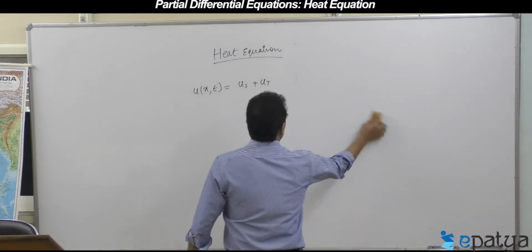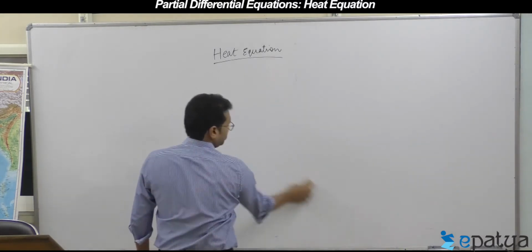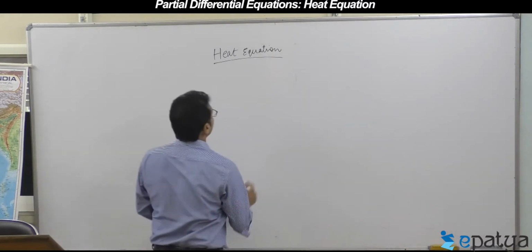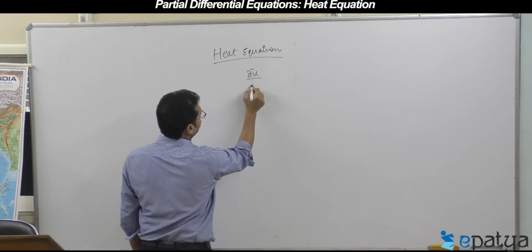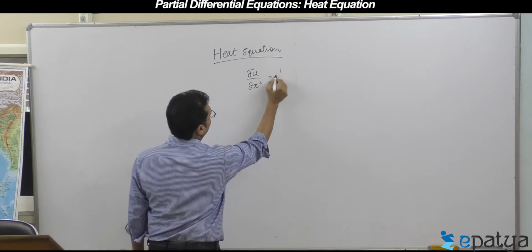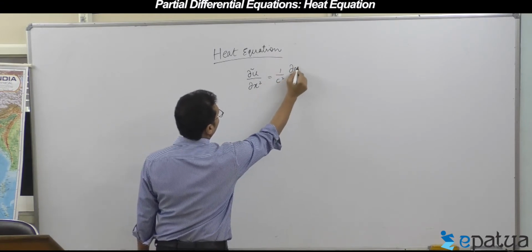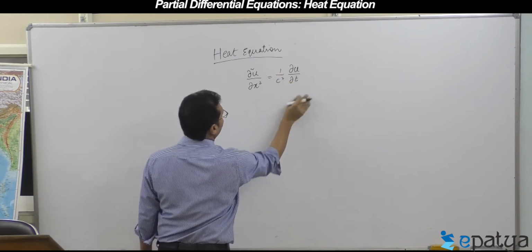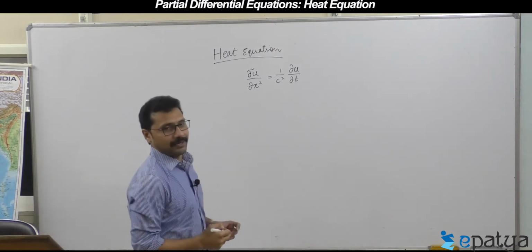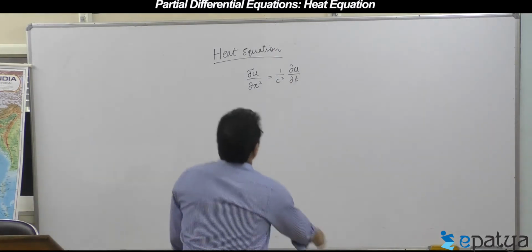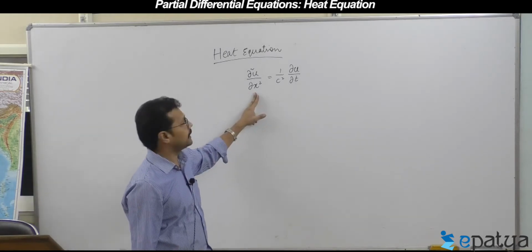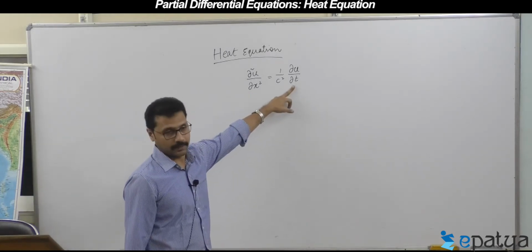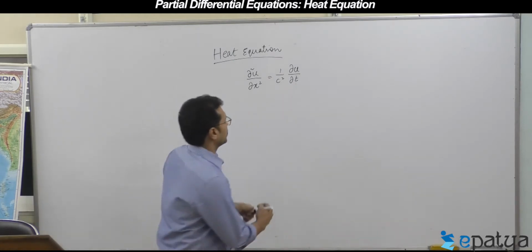Now, what is this equation? The equation is dou square U by dou x square equal to 1 by C square dou U by dou T. How many conditions are required here? Two conditions on x and one condition on T. Okay, three conditions are required.